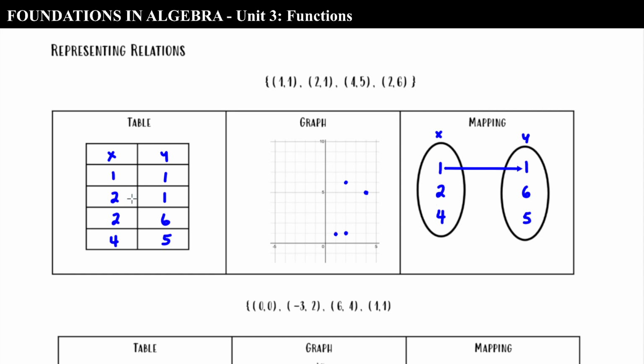Now for 2, we have 2 going to 1. So we have 2 arrows going to 1 here. But we also have a 2 going to a 6. So we're going to draw another arrow like that. And then we have 4 going to 5. Now you can think of the x and the y as your input and output. These are our input values. And our input values lead us to our output, which is our y.